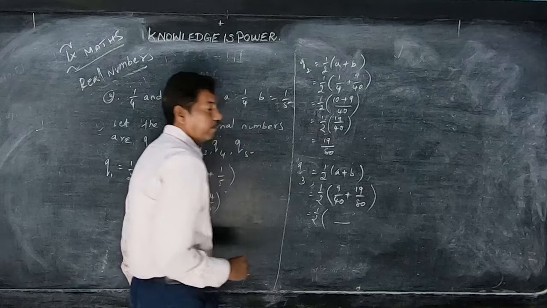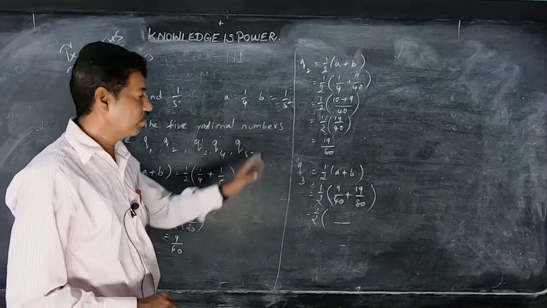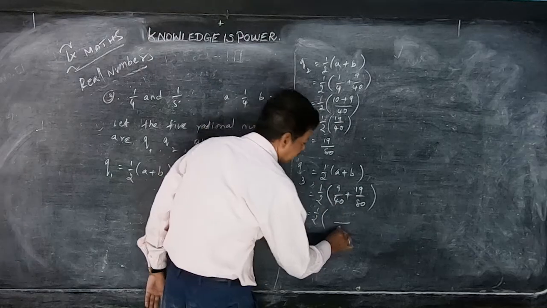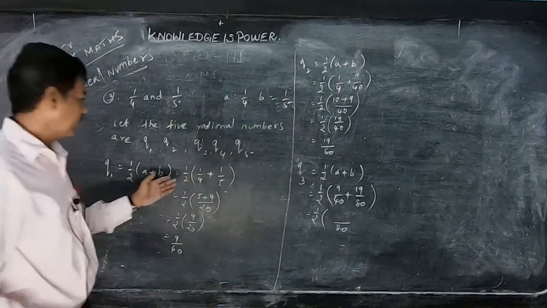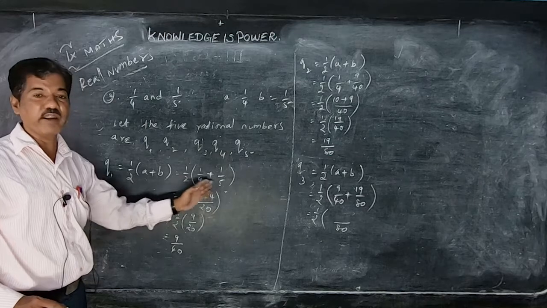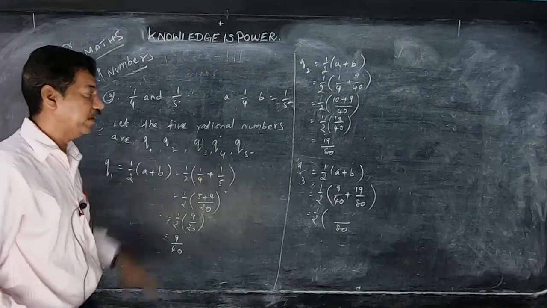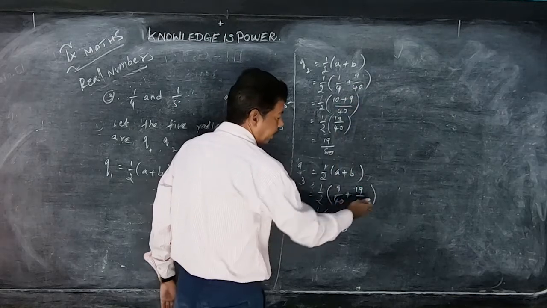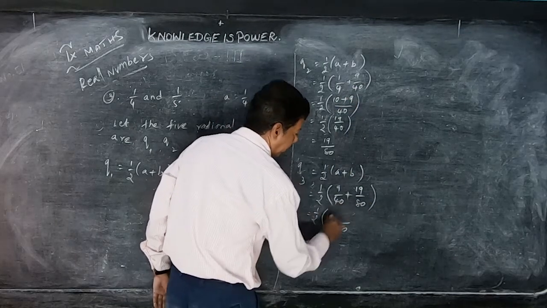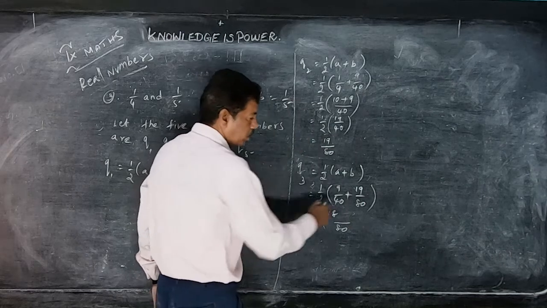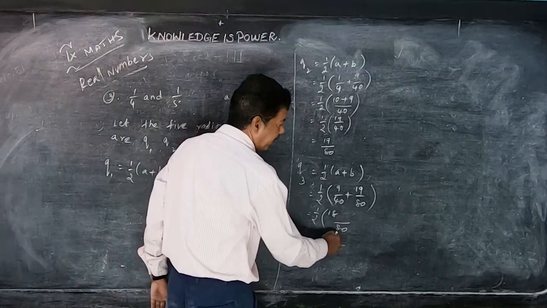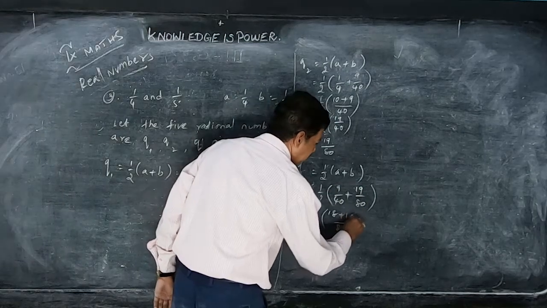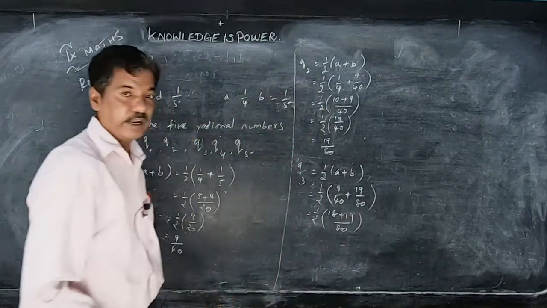If you take the LCM of 40 and 80, it will be 80. When they are in the same table, the bigger number is the LCM. For 4 and 5 the LCM is 20 because both are different tables. Here it is easy: the LCM of 4 and 40 is 40, and of 40 and 80 is 80. So we multiply this by 2 to get 18, because 40 into 2 is 80 and 9 into 2 is 18. This is as usual plus 19. Can you understand that?